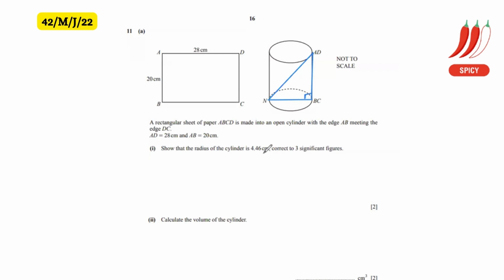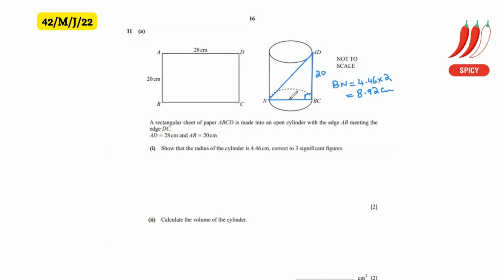So radius was 4.46. So BN would be 4.46 times 2 because the diameter is twice the radius, which equals 8.92 centimeters. Now for AD, we know that AD is to BC is 20.